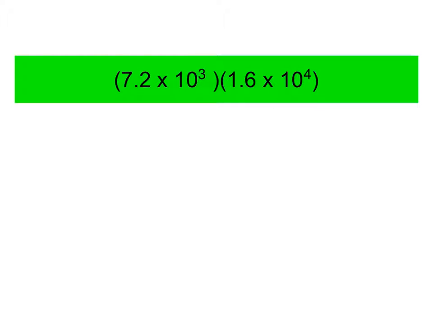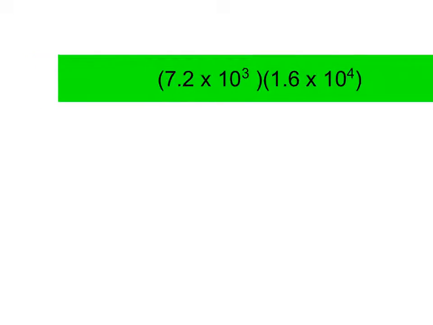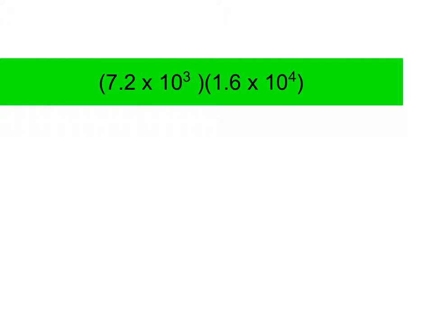Alright, so we would say this as 7.2 times 10 to the third power, and we're multiplying that by 1.6 times 10 to the fourth power. So to do this, basically we're going to start off by multiplying our decimals of 7.2 times 1.6.